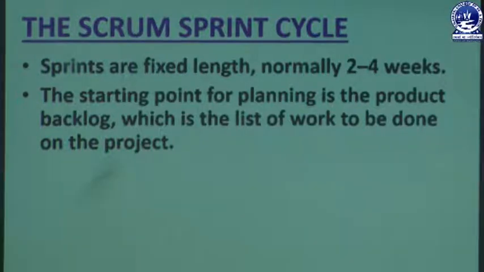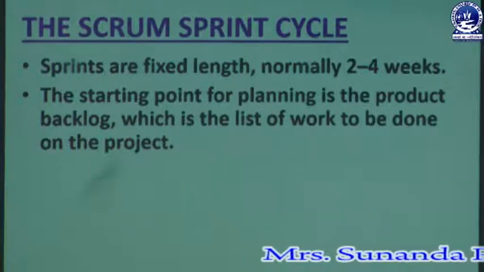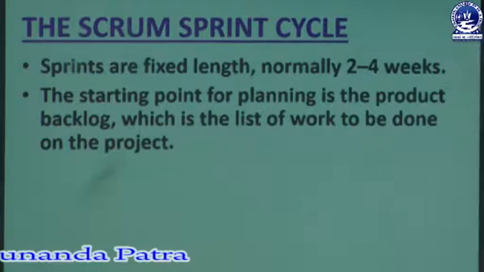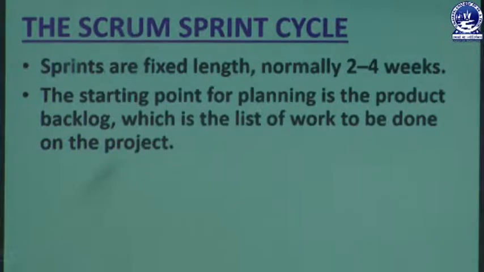So the first point says the sprint is a fixed length, normally 2 to 4 weeks. The second point says that we should plan what to do, and that what-to-do list is known as the product backlog, listing the work to be done on the project.